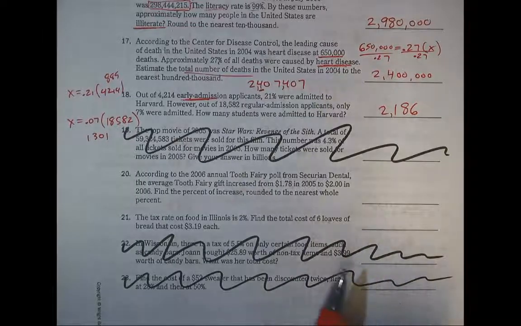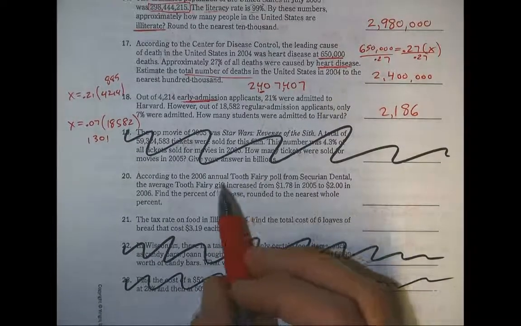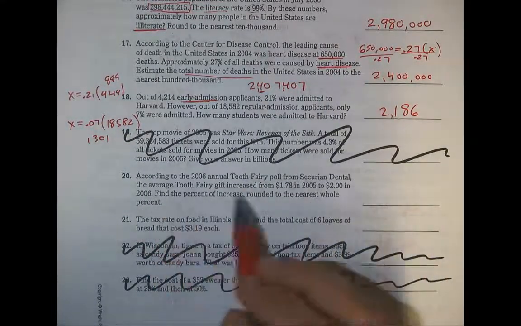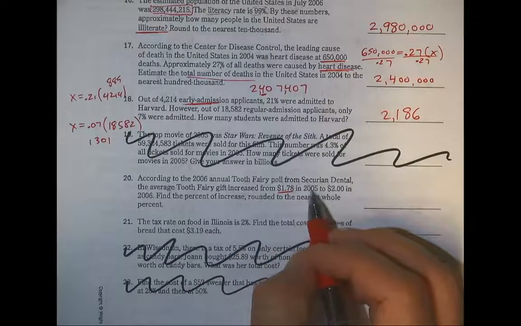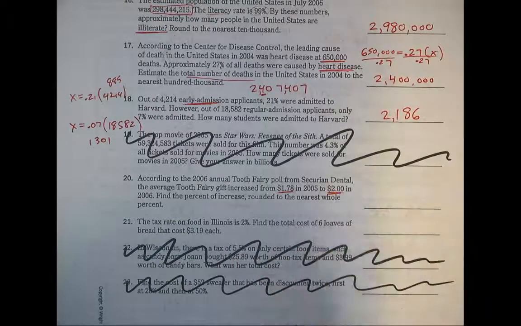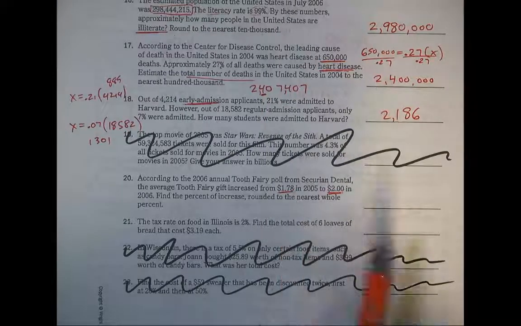All right, number 20. According to the annual Tooth Fairy poll, the gift increased from $1.78 in 2005 to $2 in 2006. Find the percent of increase. So we haven't talked a ton about percent of increase. We're measuring how much it increased, and we're going to give that amount a percentage. It's based off what you started with.